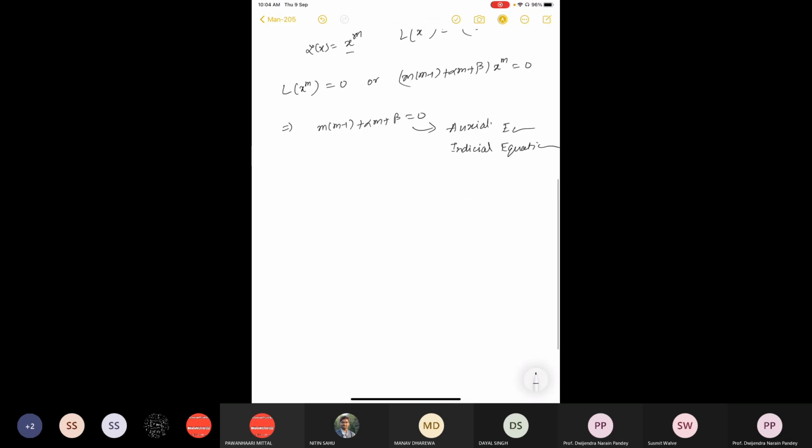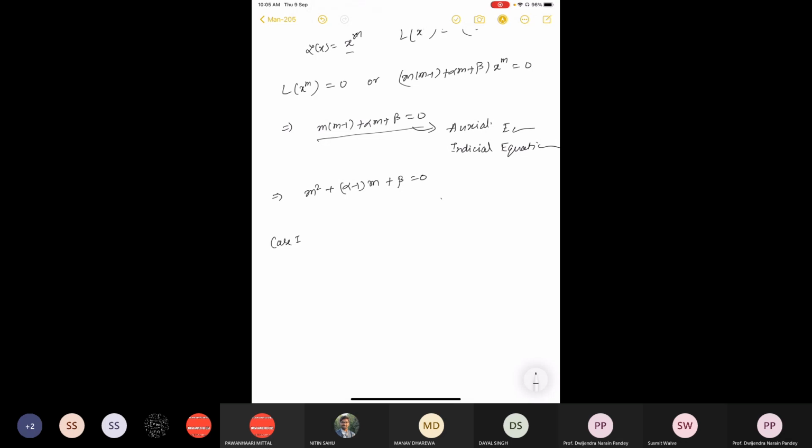Okay. So once we have the indicial equation, it is a quadratic equation in terms of m, right? So if you simplify, it is m square plus (alpha minus 1) m plus beta equal to 0. Then we have three possibilities.